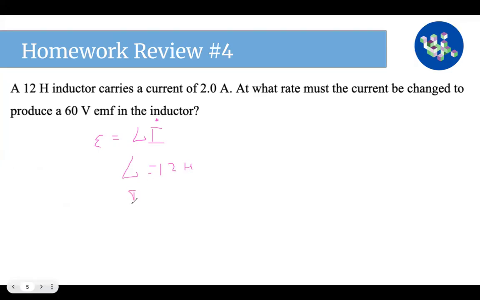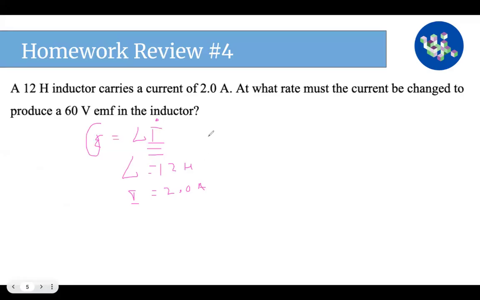Even though we're given that I equals 2.0 amperes, it's redundant information, because if we want to find the EMF, we only care about the change in the current. Remember, we can have a current, but it won't cause any EMF. We'll only have an EMF when there's a change in the current, which causes a change in the flux, because changing current causes a change in the magnetic field.